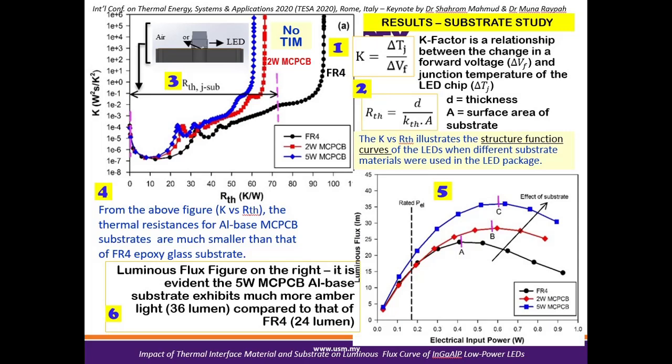So this shows that the RTH value of the metallic or aluminum based substrate has better heat dissipation response compared to that of the epoxy FR4 substrate.